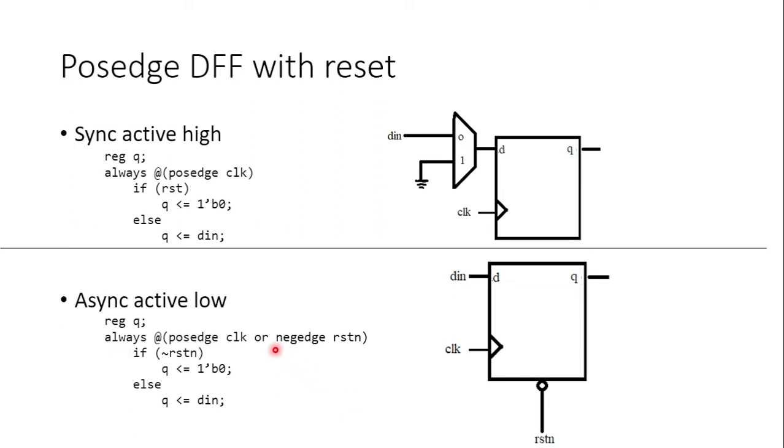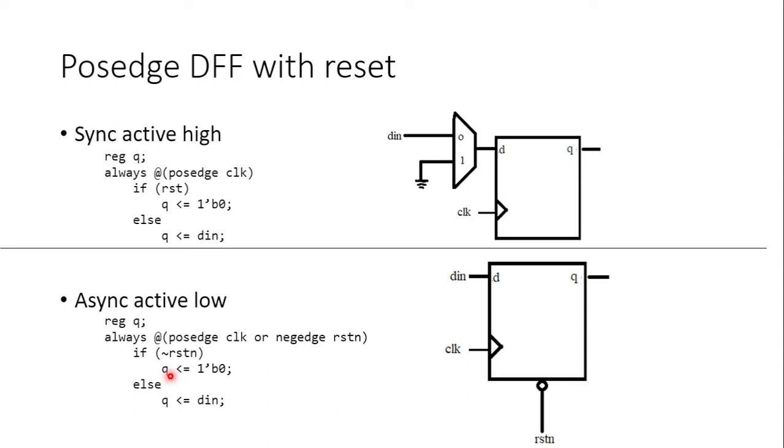Whenever a negative edge of reset n comes, then we will be executing this bit of code. And if you see, we have an if statement with the reset n negated. So suppose there is a negative edge of reset n coming, then we know that reset n equal to 0, which means this part will be executed.